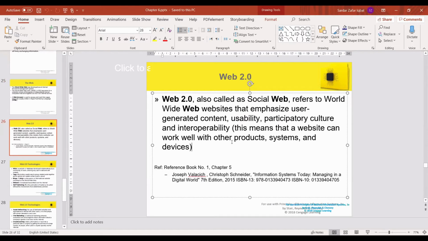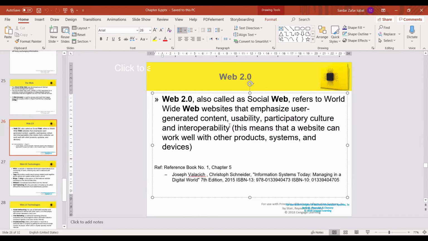We have Web 1.0, Web 2.0, Web 3.0, and I guess Web 4.0 is also available nowadays. These are basically the standards for websites. So in Web 2.0, we have functionalities that emphasize user-generated content, usability, participatory culture, and interoperability.